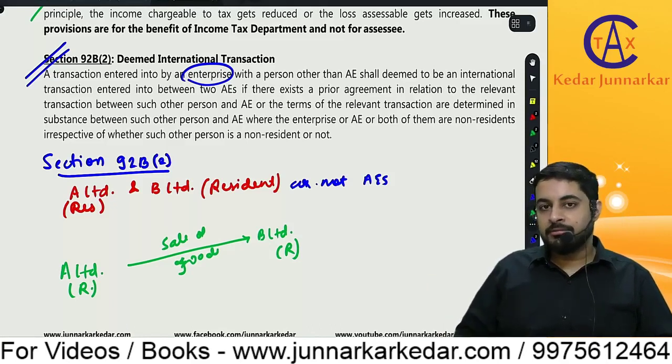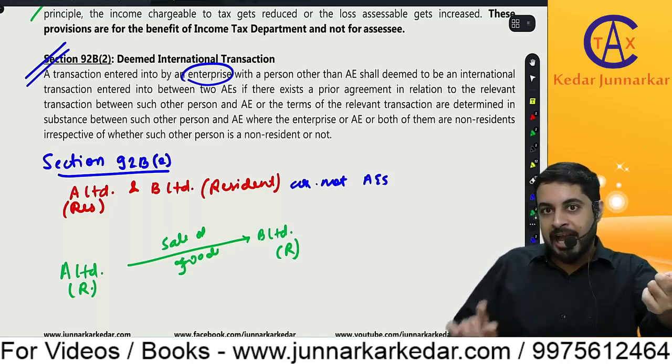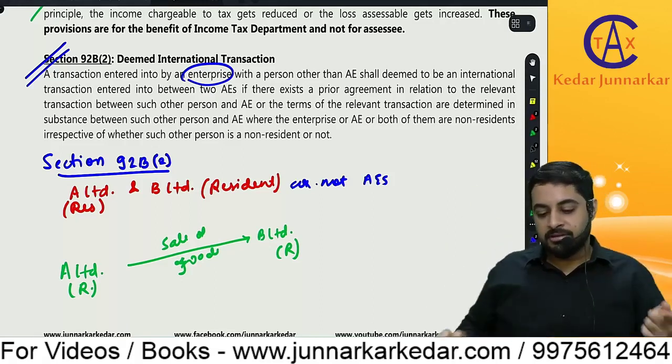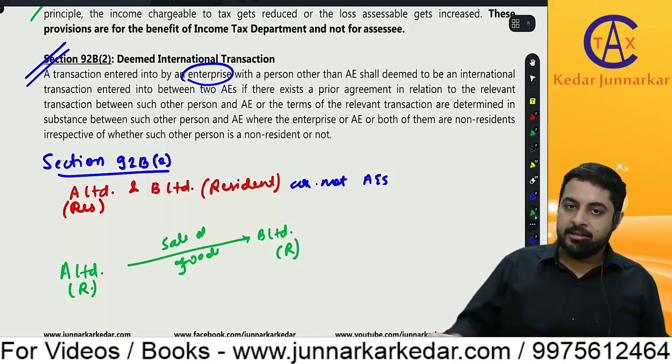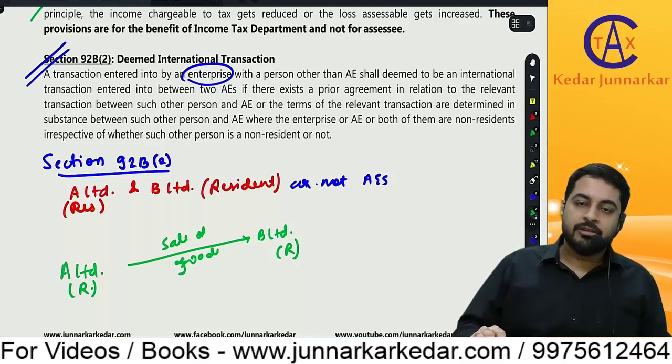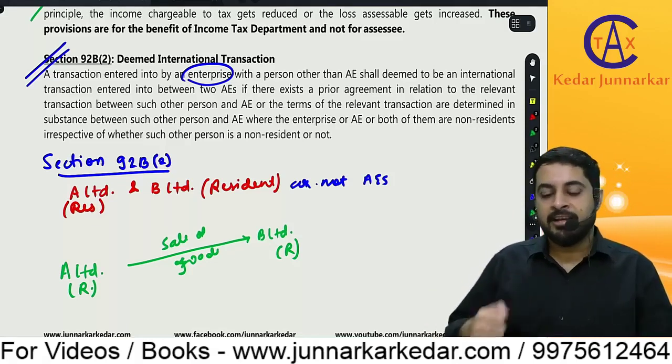So what we do, you are B Limited, you are also resident. I tell you that I will sell goods to you and you have to sell goods to C Limited. If A Limited sells to C Limited, then the provisions of transfer pricing will apply, and there will be a primary adjustment to my income.